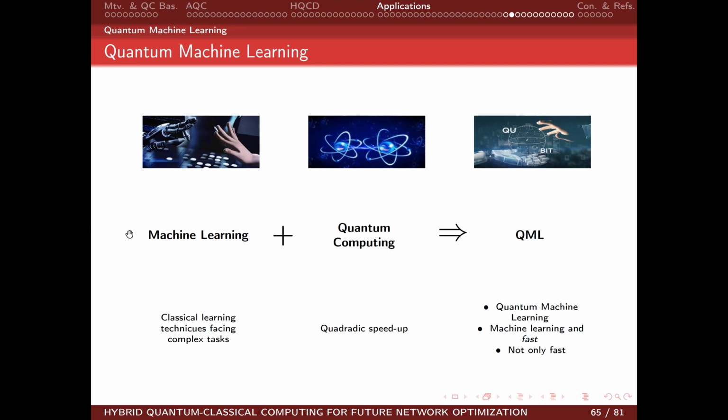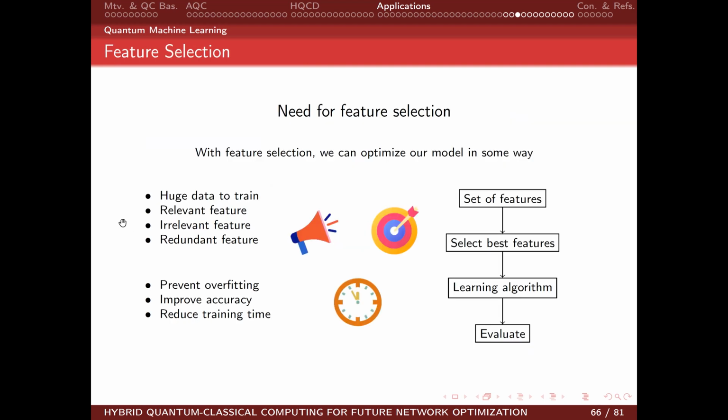The problem we solve is feature selection. For a machine learning problem, we need to identify the key features. If we have many features to learn, it consumes a lot of time and resources.